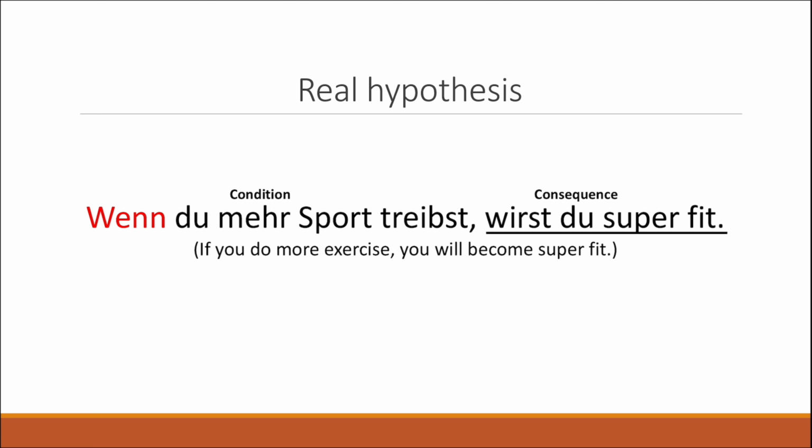And in most cases, the consequence of this condition is in the main clause. And this is pretty simple. We have the condition and then the consequence. And it's a real hypothesis because if you do more exercise, then you will become super fit. So it's a natural consequence, and it will actually happen if you do more exercise. And because of that, we're talking about a real hypothesis.